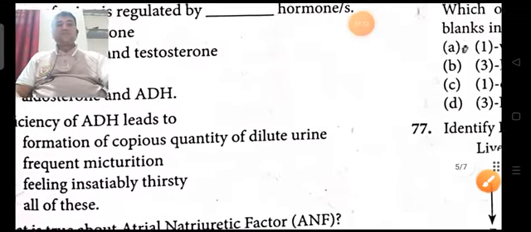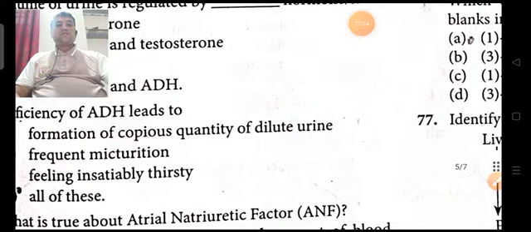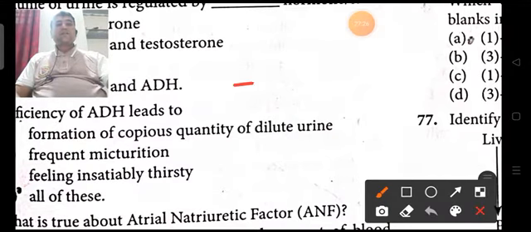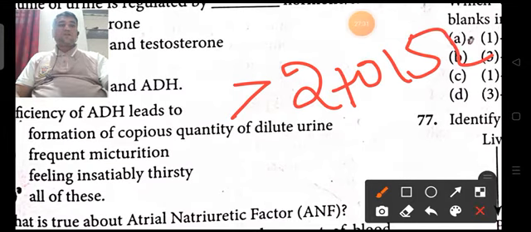Next, deficiency of ADH leads to formation of copious quantity of dilute urine, that is 2 to 15 liters of urine, frequent micturition because of excessive pressure on the urinary bladder, feeling thirsty, which can also be seen in diabetes.